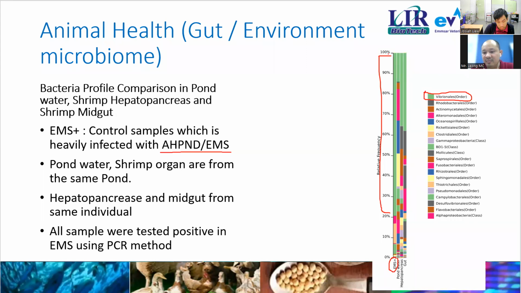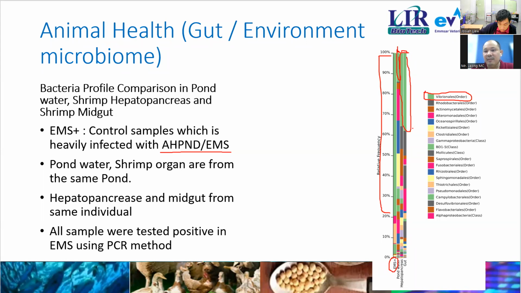And from the pond water, you can see the presence of different bacteria inside, but this is the Vibrio group. We also compare it in the hepatopancreas and the gut.